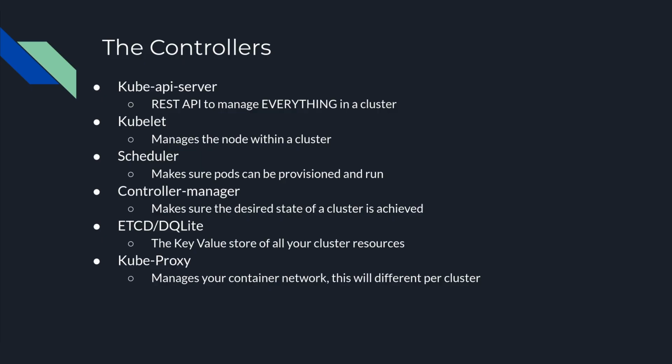Now, the controller manager is what will run all these reconciliation loops for every kind of resource over and over again, like thousands of times a second, and make sure that what you said you want to have in a cluster actually exists inside of this cluster.